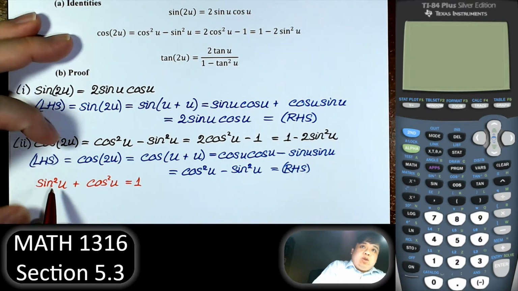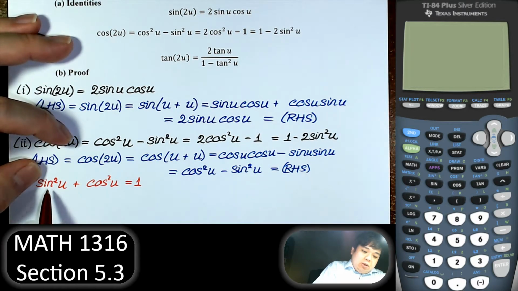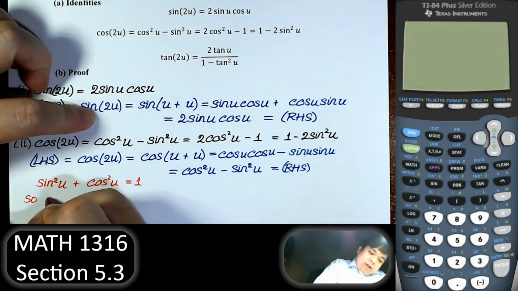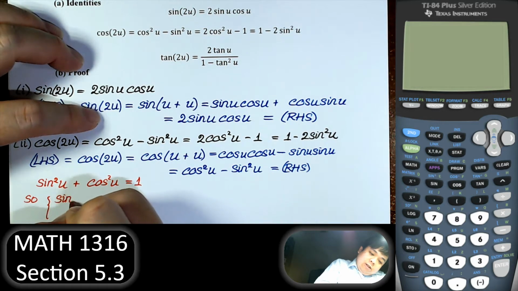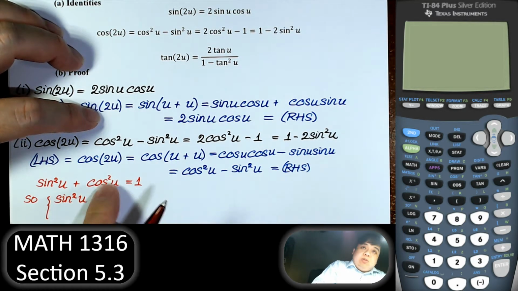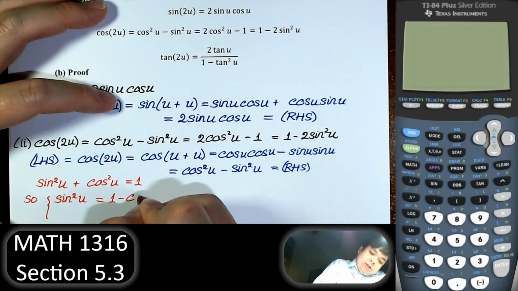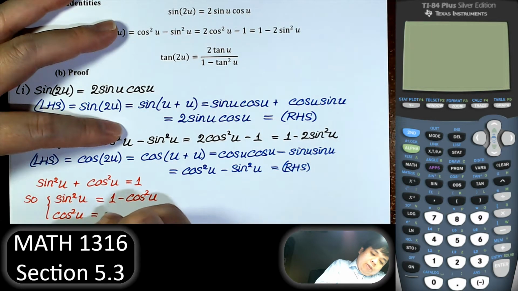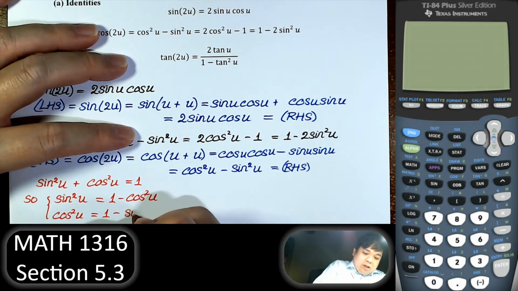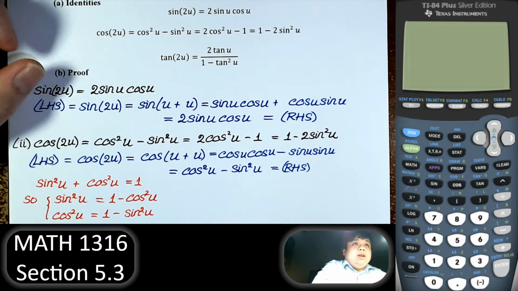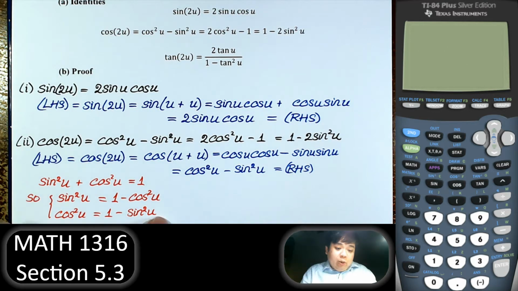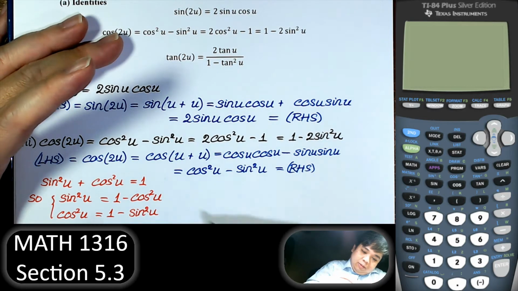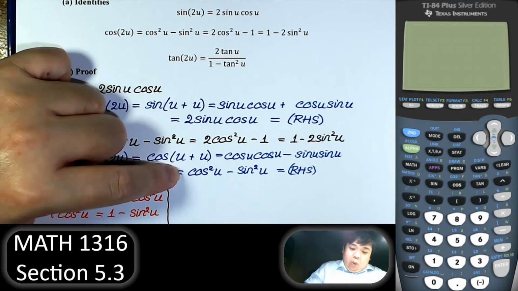And if we want to solve for sine square, we subtract the cosine square to the other side. Now we just substitute back into here. Now we end up with this one, right?